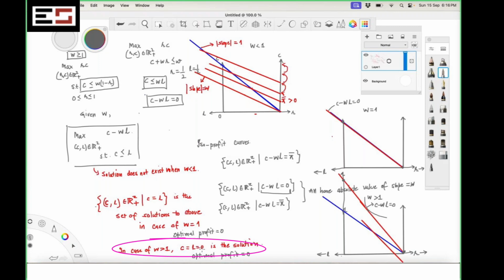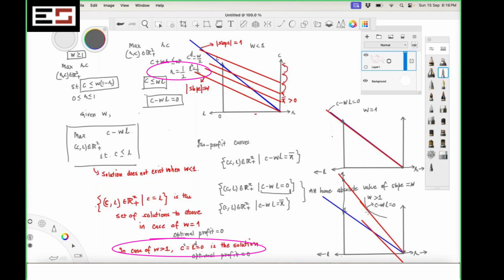But the firm's side, when W is greater than 1, L is 0. So this is your labor demand: labor demand is 0, coconut supply is 0. And this is your labor supply: labor supply is half, and coconut demand is W by 2. So clearly there is a mismatch when W is greater than 1.